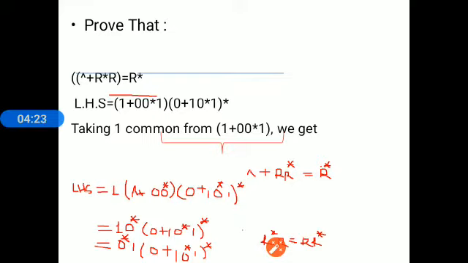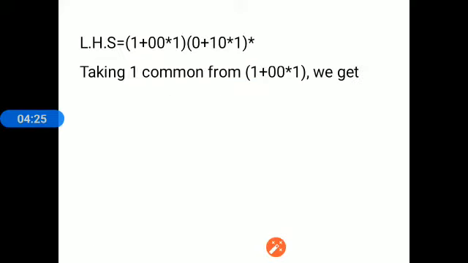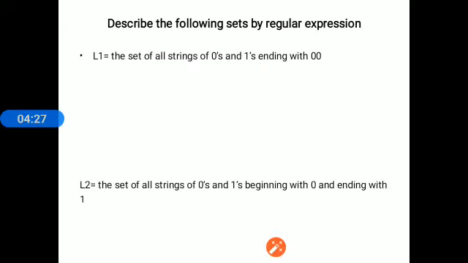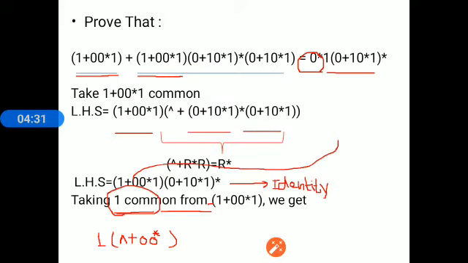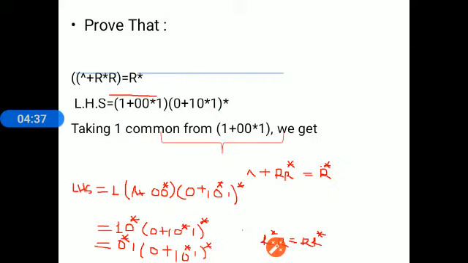That means this 1 plus 0 0 star 1 is equal to 0 star 1. So, the entire LHS is equal to 0 star 1 into bracket 0 plus 1 0 star 1 bracket star. So, that will be the answer.